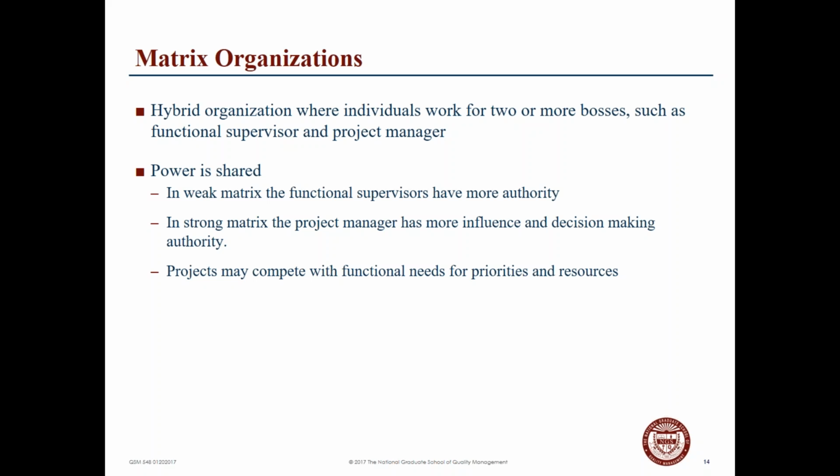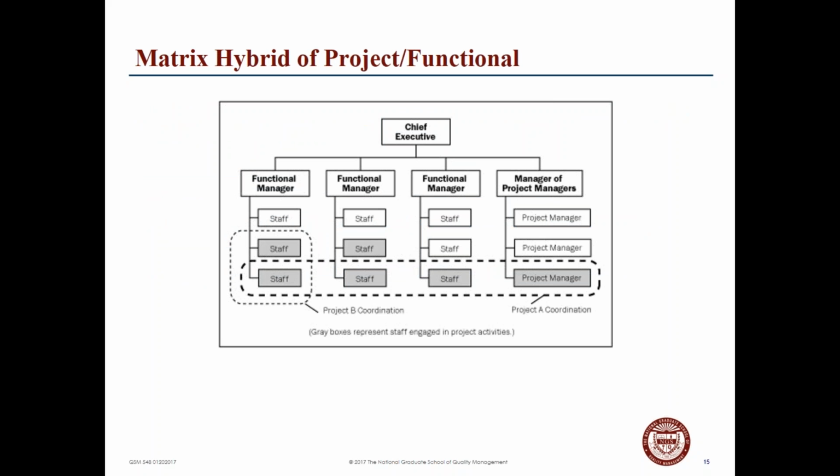And in matrix organizations, there's most likely a definite competitiveness for prioritization over functional areas and the resources for the project. So as you can see in a hybrid, project managers may be tapping various staff members that are aligned vertically to a functional manager. So they may be dedicated 30% to your project and 70% to the functional area of their responsibility.